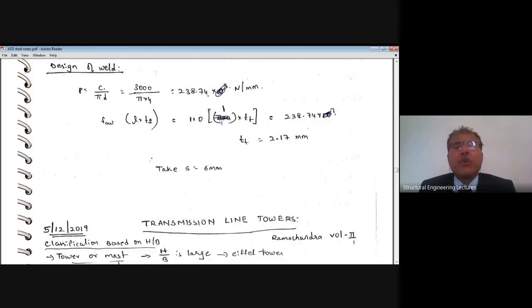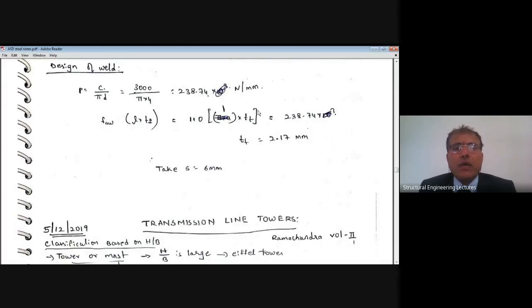If I assume a unit length of the fillet weld between the flange and the web as 1 unit length, and the effective throat thickness of that fillet weld as TT, then the permissible shear stress in the weld, because now the weld will shear off due to the application of the compression force, that is FAW, allowable stress in the weld, is 110.